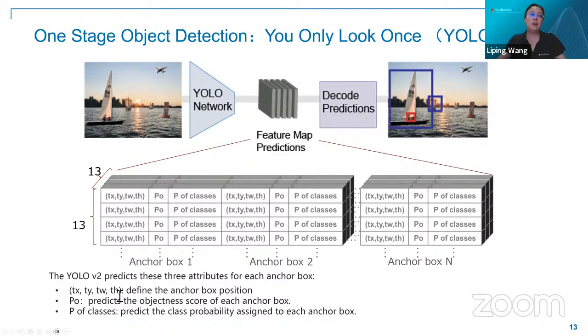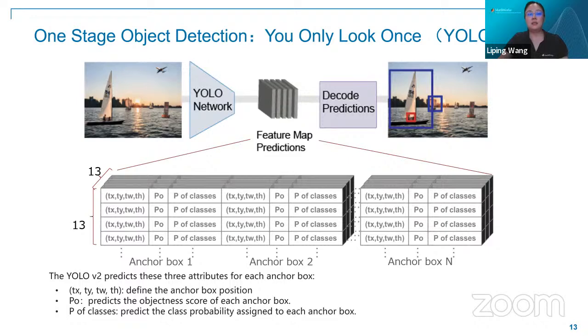So these 4 variables define the anchor box position. And then P0 predicts the objectness score of each anchor box.